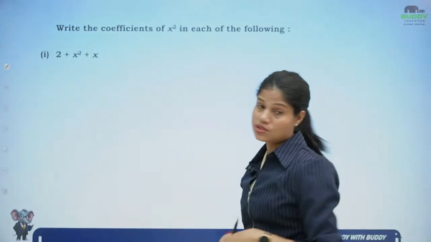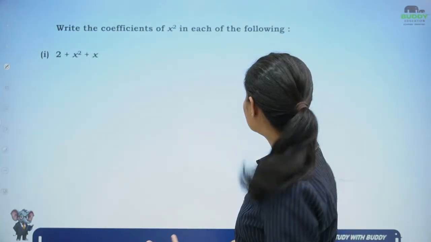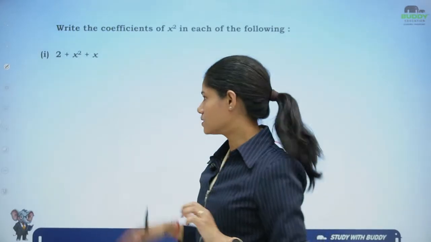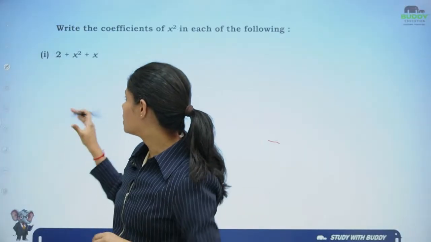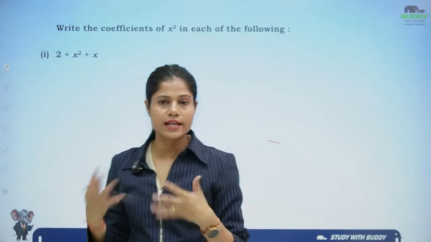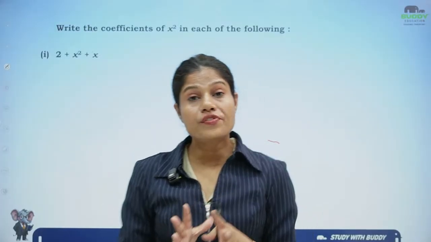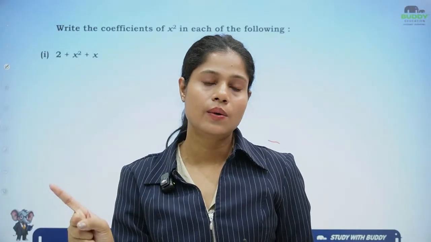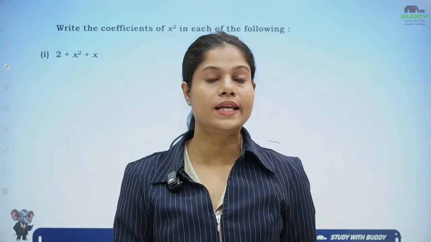And now in this question they are asking about the coefficient of x square, right? In whatever cases they have given. So we have to only, coefficient means what, right? Let's again recall that coefficient means the number attached with that variable. Again I'm repeating my words.